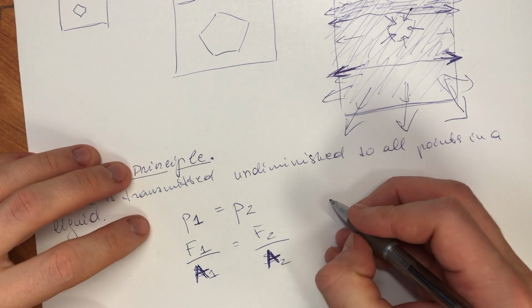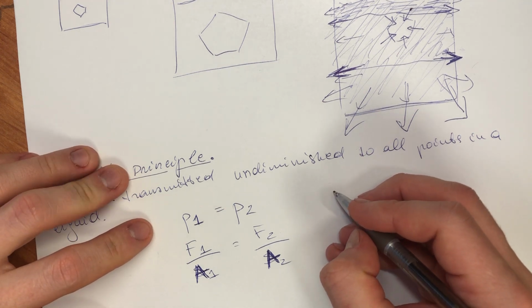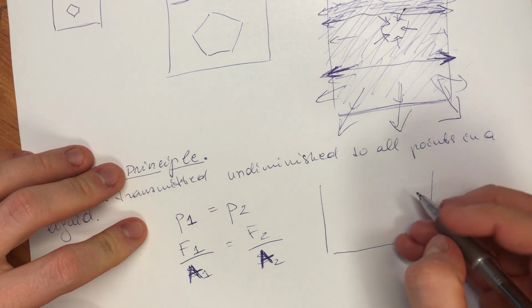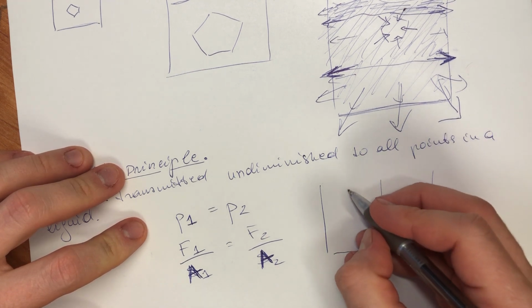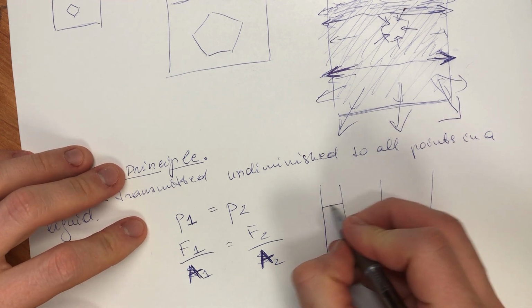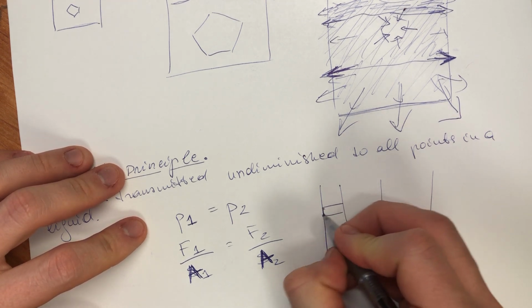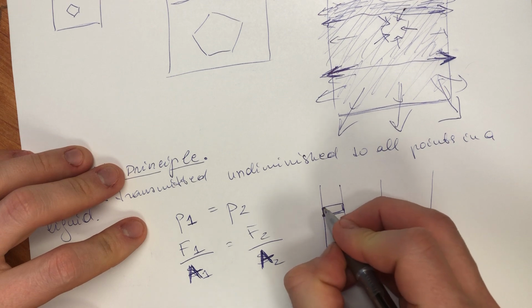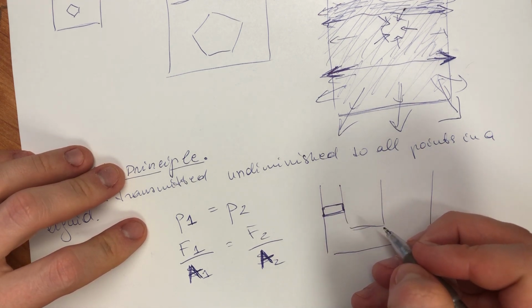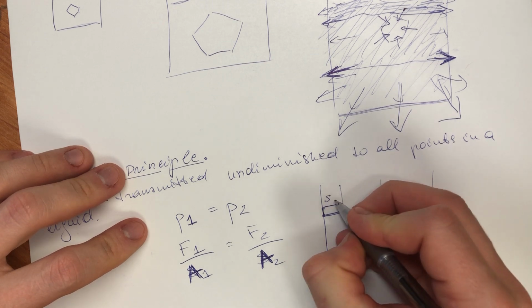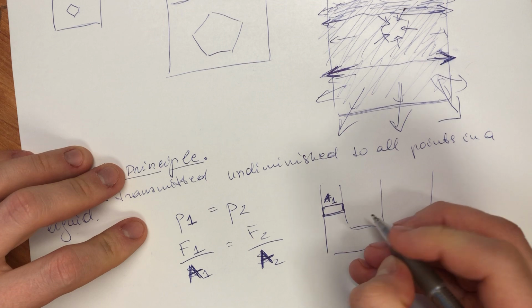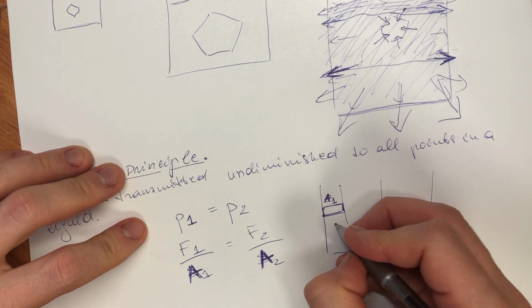If we have some kind of hydraulic system, let's say, and there is a piston here that can move up and down, and it has area A1, surface area A1.